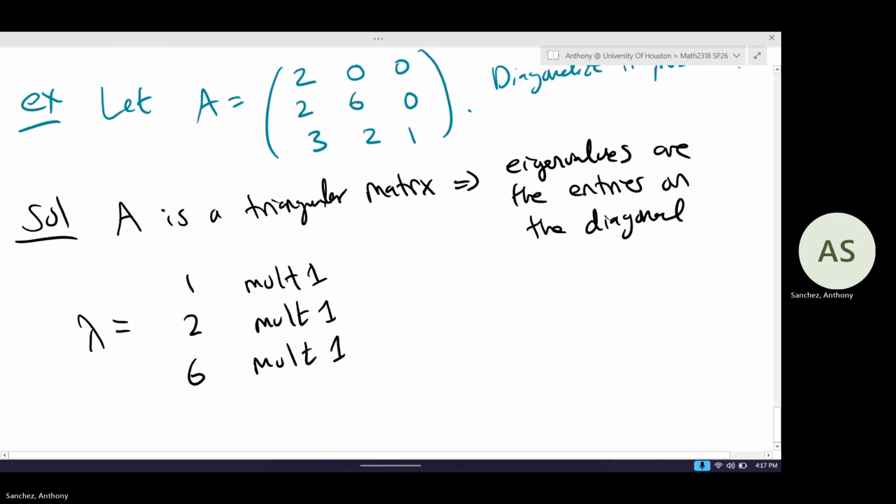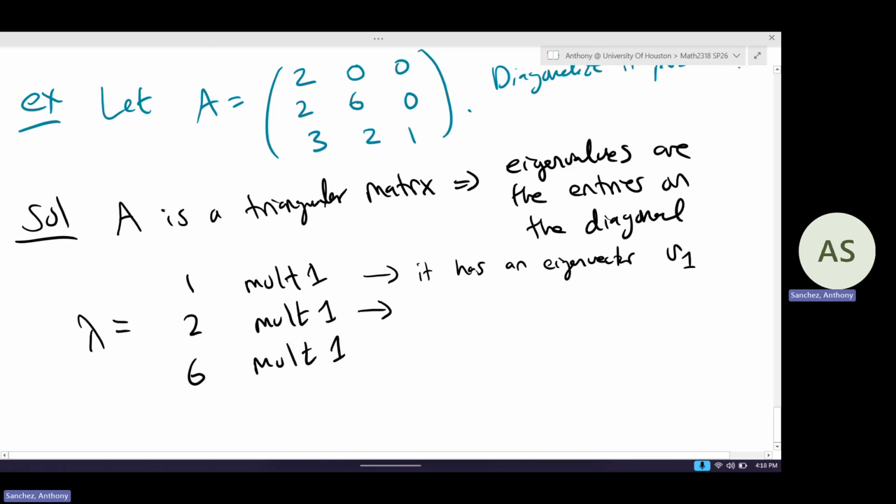All right. And now, you may like to think that you have to go through this runaround of finding the eigenvectors, but we don't have to. The fact that lambda is equal to 1 means that it has an eigenvector, let's call it v sub 1.